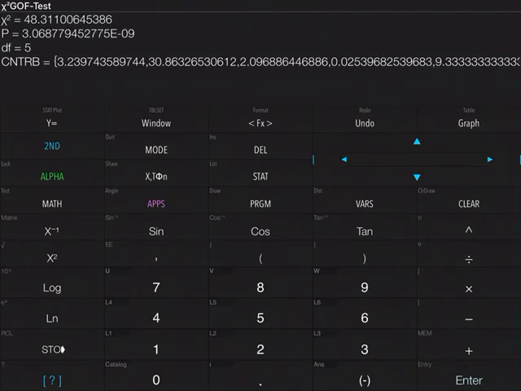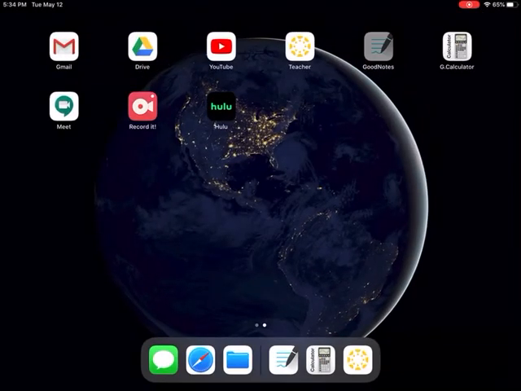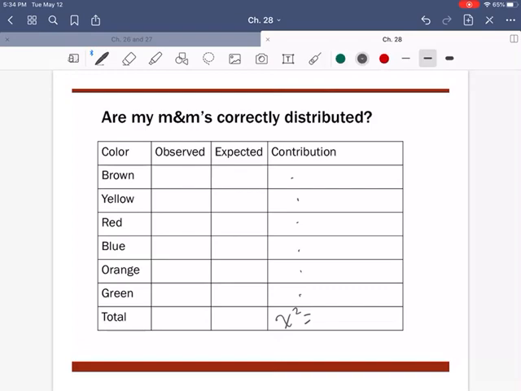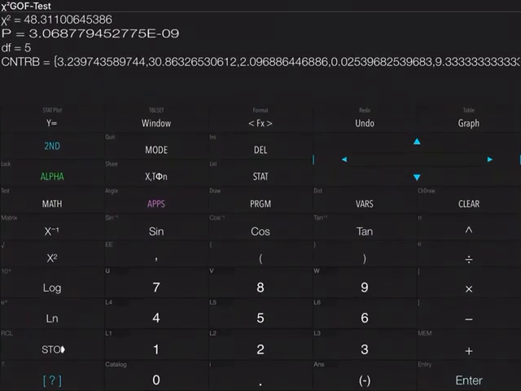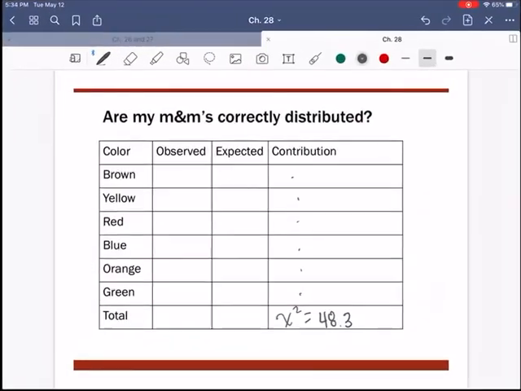Okay, and it tells us that chi-square is 48.3, and our p-value is this really teeny tiny number, that second line down. It's E negative 09. It's scientific notation, you move the decimal to the left 9 times, so it's essentially 0.